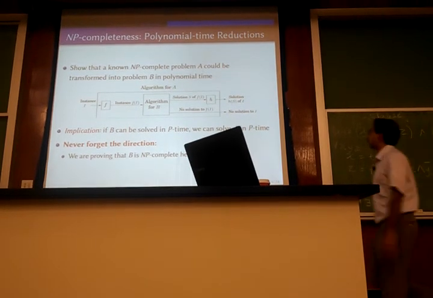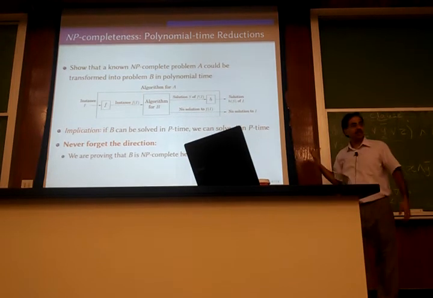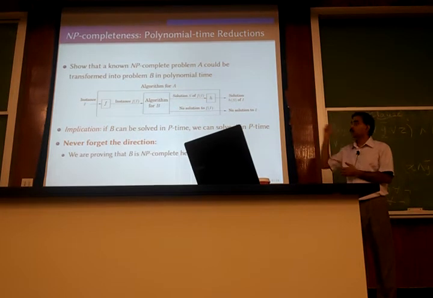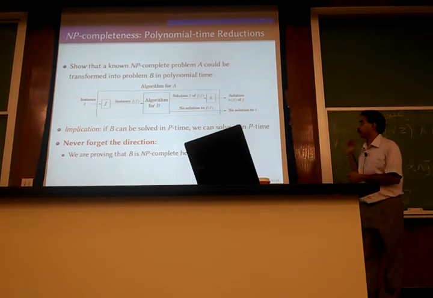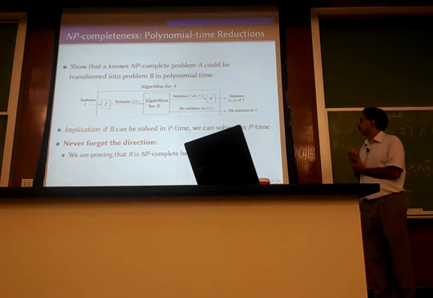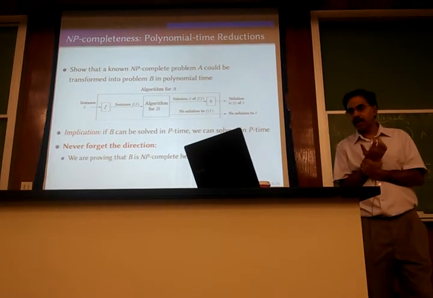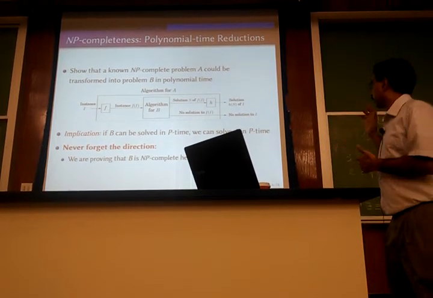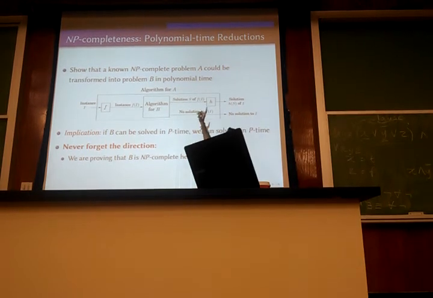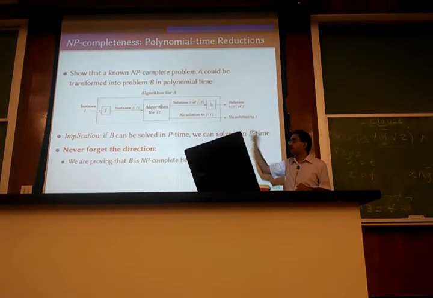So you really need to do this sort of an inversion function that tells you, okay, how to obtain from the solution to the problem B, how do you get back a solution to problem A. And once you do that, then you have a full reduction, and you are able to show that if B can be solved in polynomial time, you can solve A in polynomial time. Once again, never forget, we are proving that B is NP complete by taking a known NP complete problem A and reducing it to B.